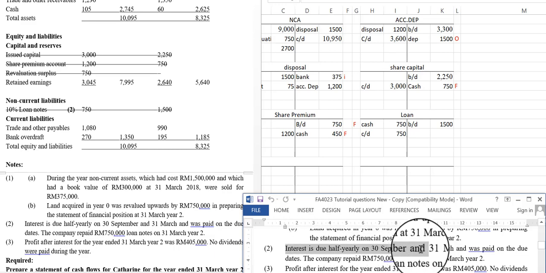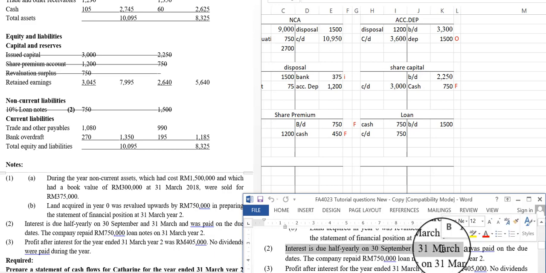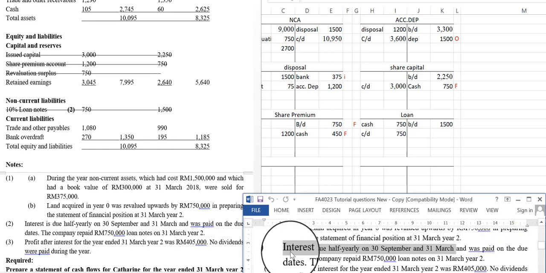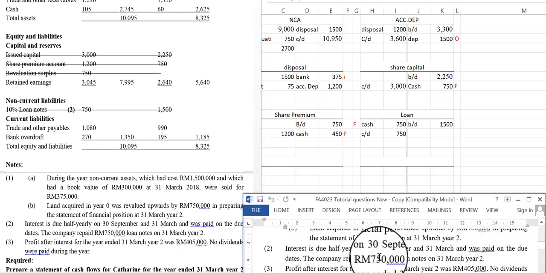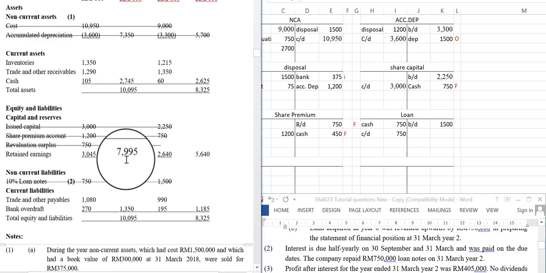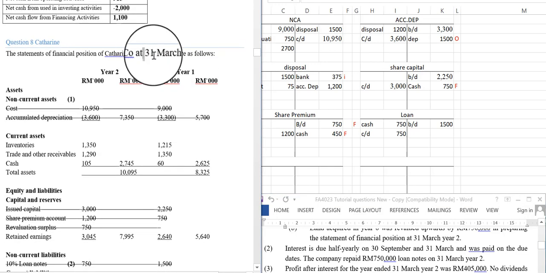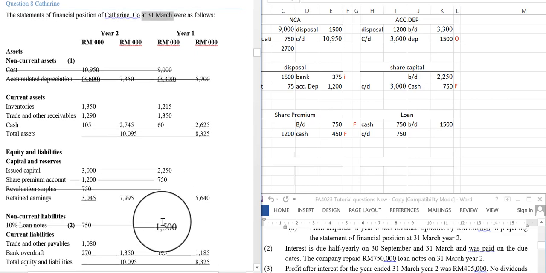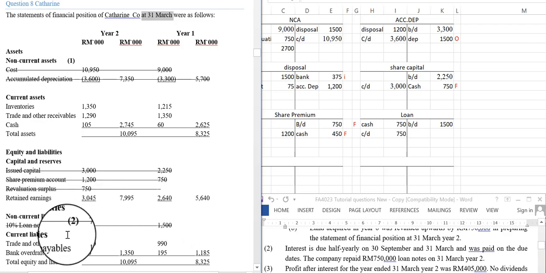Interest due is half yearly on 30th of September and 31st of March and was paid on the due date. The company repays the loan amount on 31st of March year 2. If you look at here, 31st of March year 2 means that you're actually using the loan amount for the whole full year. I'm using your money of 1,005 from the first day until the last day of the year.